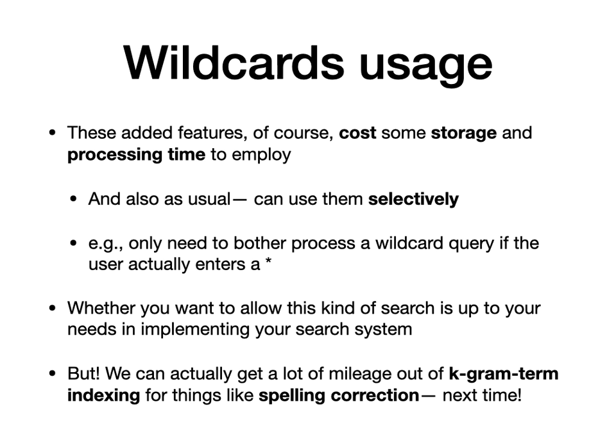And I say you, I just mean anybody, right? They can employ wildcards in some of their systems and not in others, right? I encourage you to try them out. Some search systems use them extensively and some don't implement them at all. But for our purposes, it's actually quite nice to go ahead and implement wildcards because k-gram term indexes can help for other stuff. Things like spelling correction, which we'll talk about next time.